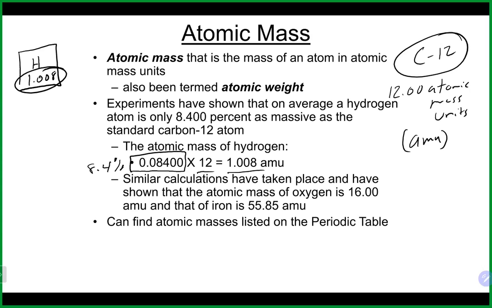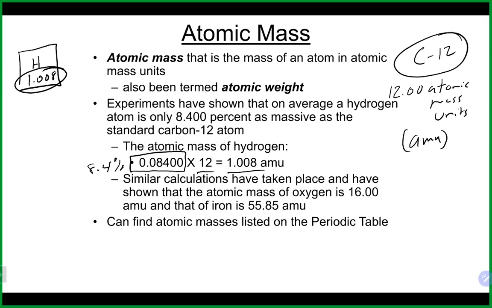Typically, when we grab that number for atomic mass, and later when we talk about molar mass, the traditional amount of numbers that you take is 4 significant figures. Depending on your periodic table, there may or may not be a lot of numbers underneath, but the normal process is to use 4 significant figures.